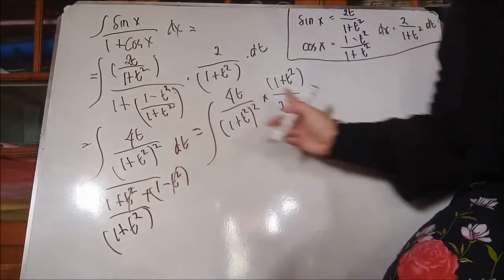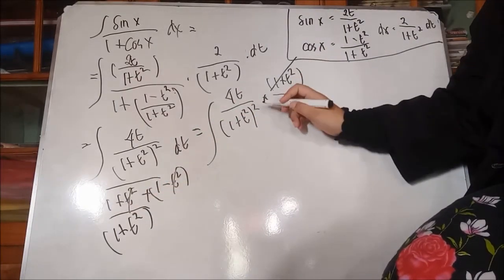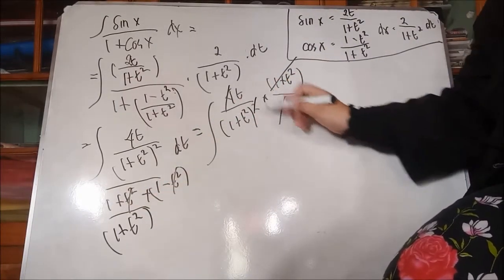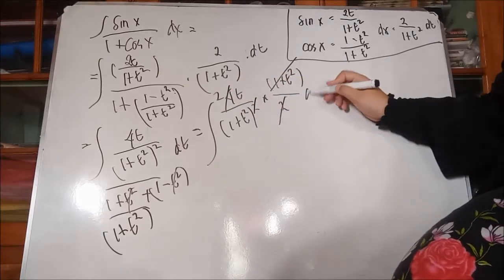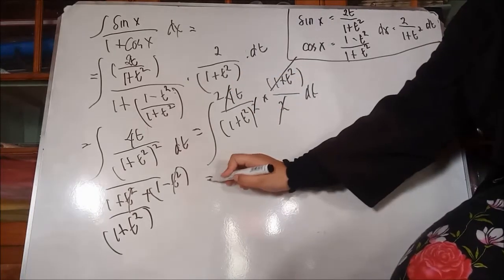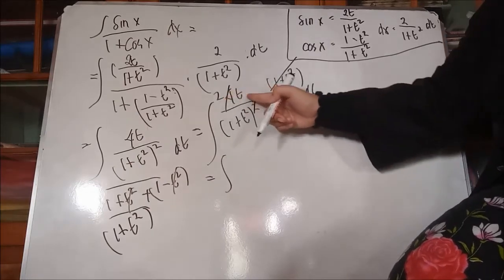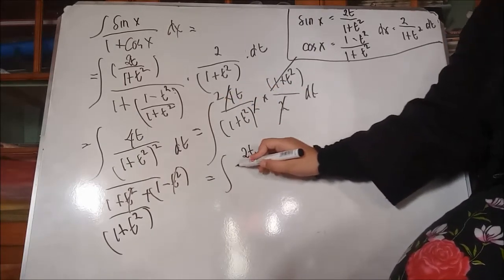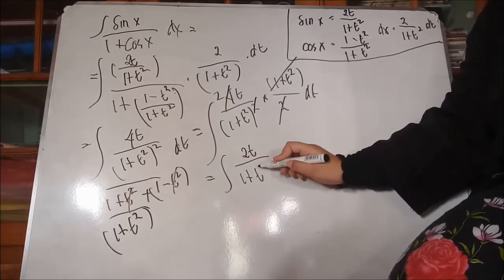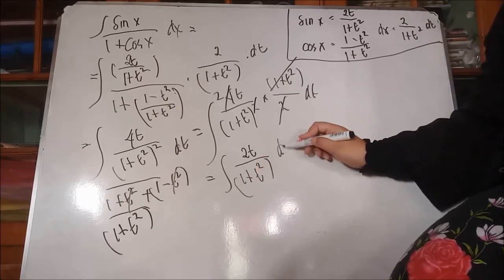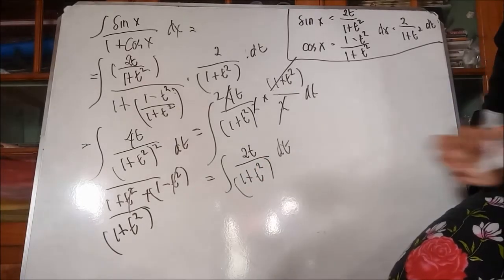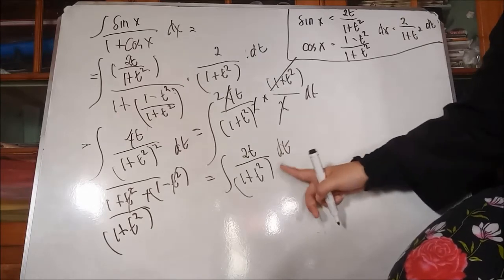Because 1 plus 1 is 2. So in here we can eliminate this, and then we can eliminate this dt. So we have the integral of 2t over 1 plus t square dt, right? 2t dt over 1 plus t square.